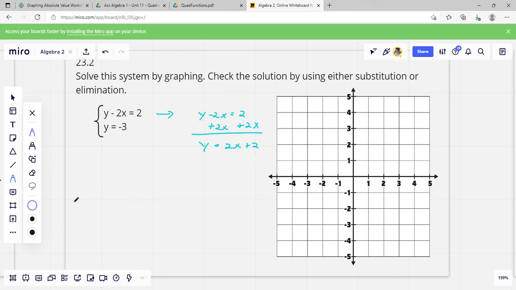That one's pretty easy. The plus 2 right here at the end, that means go up 2 and make a mark. And then my 2x means my slope is 2/1. So rise is up 2/1. Or you could do down 2, backwards 1. So there's that line.